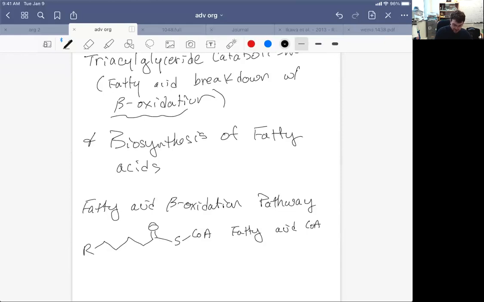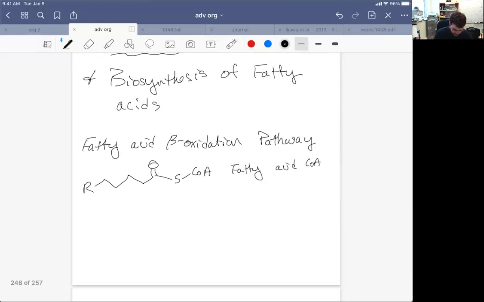Okay, from here, we do a really cool reaction that's called a desaturation, where we actually subtract 2 hydrogen atoms to make a double bond. And I like desaturation over elimination. And we use a new cofactor called FAD, which goes from FAD to FADH2. We'll look at that here in a second.